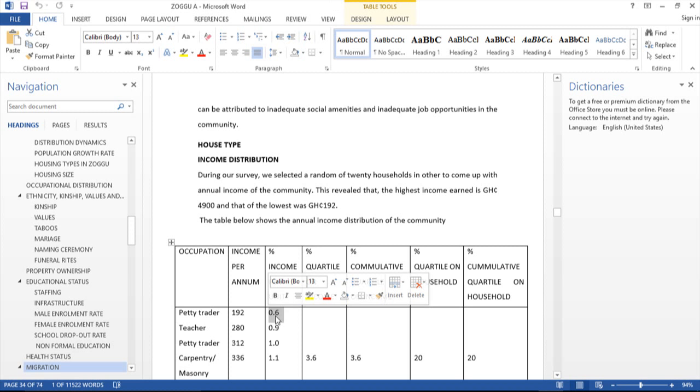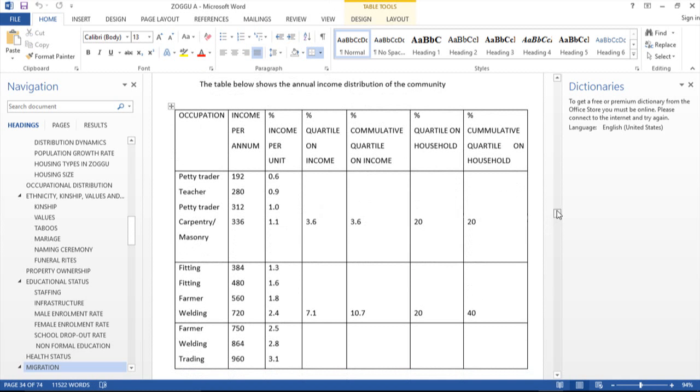We generated that of that person to be 0.6. You do that for each and every member, to the last person. At the end of it all, if you add all your percentages, you should come up with a total of 100%.